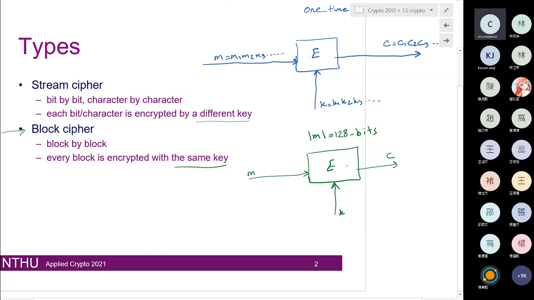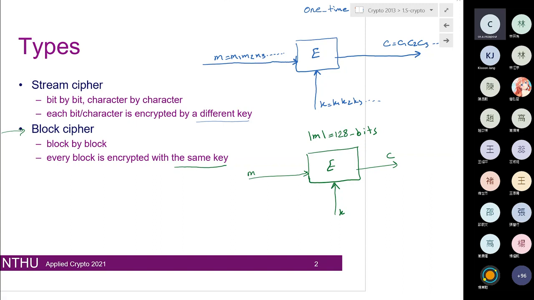So we add as many zeros as needed, for example, we turn that M into 128 bits. Before converting M to 128 bits, the encryption algorithm wouldn't be able to work at all.